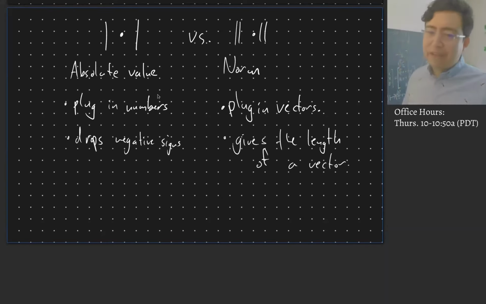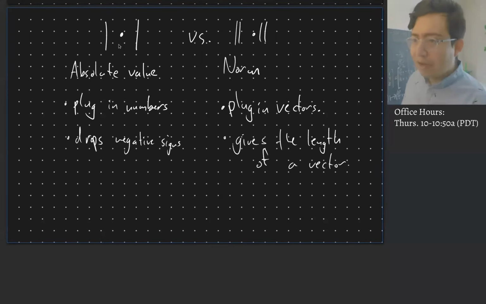Now these are related. They have a lot of similar properties. For example, both of these will never be negative numbers, right? You can never plug something in and get a negative output from either of these. This one has a square root in it, and this one is just dropping the negative sign.